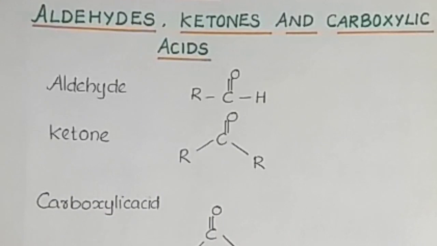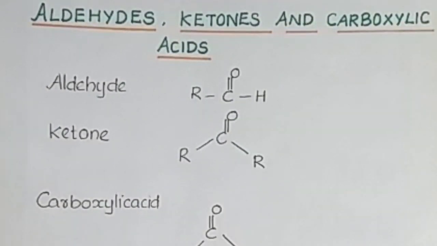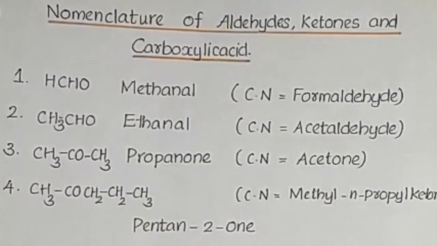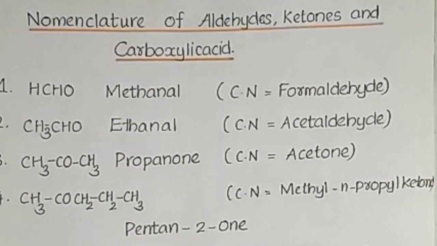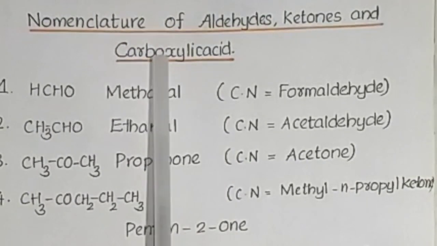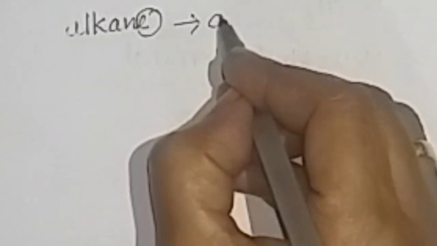So we studied about aldehydes, ketones and carboxylic acids. First, we studied the nomenclature of aldehydes, ketones and carboxylic acids. Nomenclature means naming. In the case of aldehydes, the parent alkane is taken, count the number of carbon atoms, then the E is replaced by al.